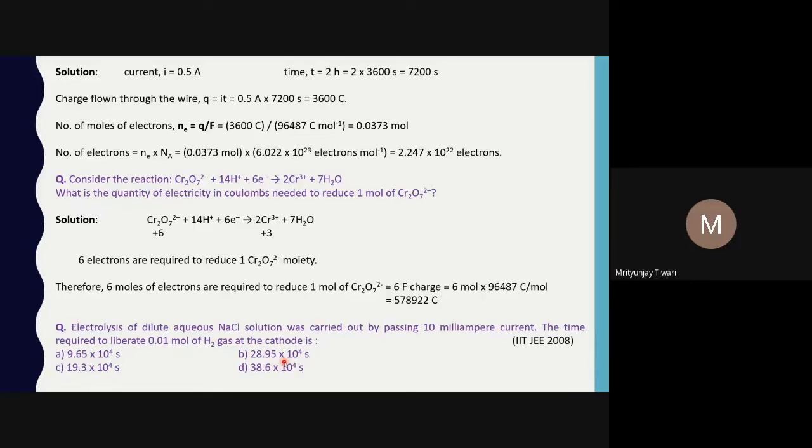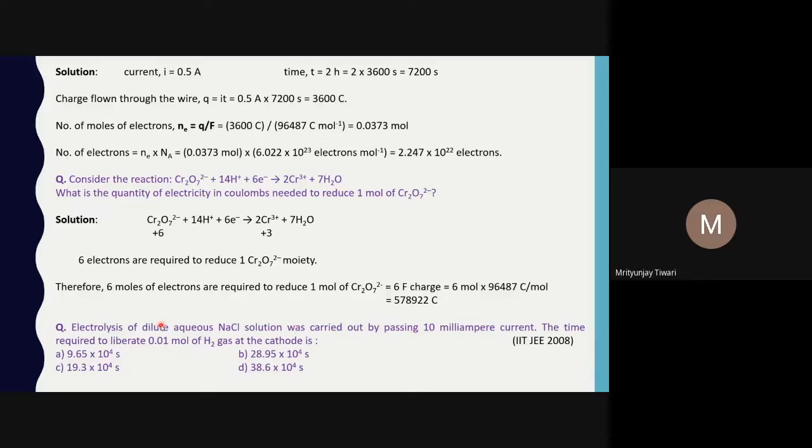If 0.02 equivalents of hydrogen are liberated, it means 0.02 equivalents of electricity were used. That means 0.02 into the charge on one equivalent of electrons, which is the Faraday constant, 1 farad, 96,487 coulombs. Multiply 0.02 by that value to get the amount of charge.